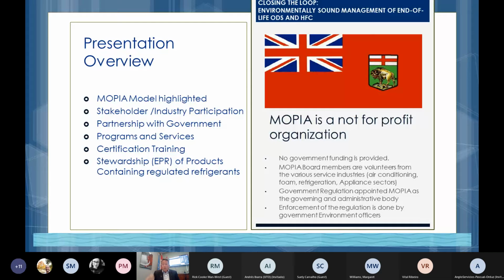And again, at no cost to the government. The enforcement of the regulation, though, is through environment officers that work for the government. So we liaise with the government and the industry stakeholders. So if there is non-compliance or if there are issues in terms of end-of-life stewardship, we can advise the government of an approach going forward. Next slide, please.